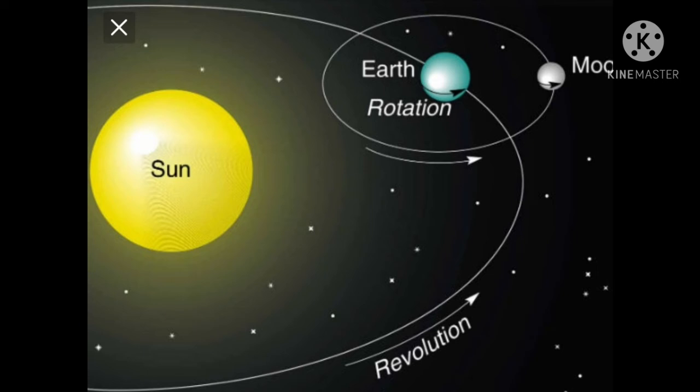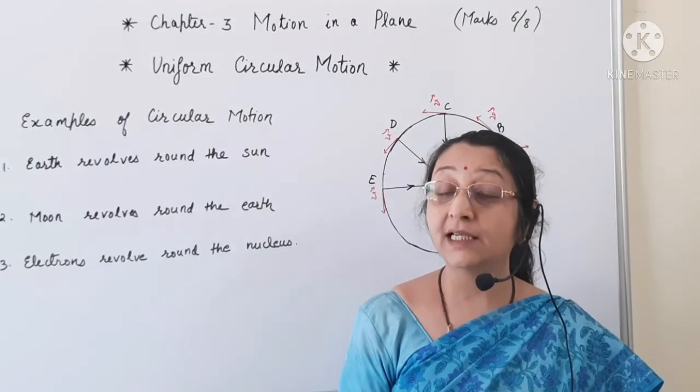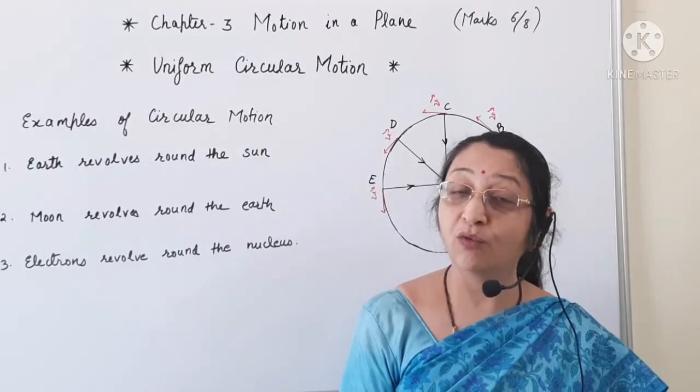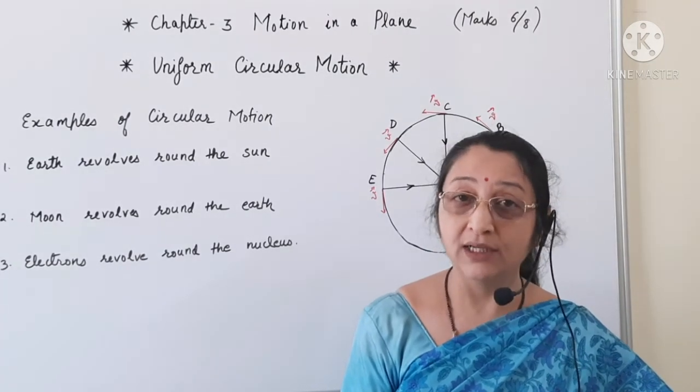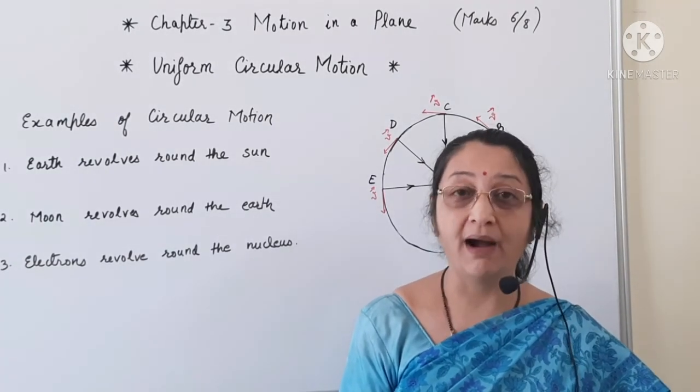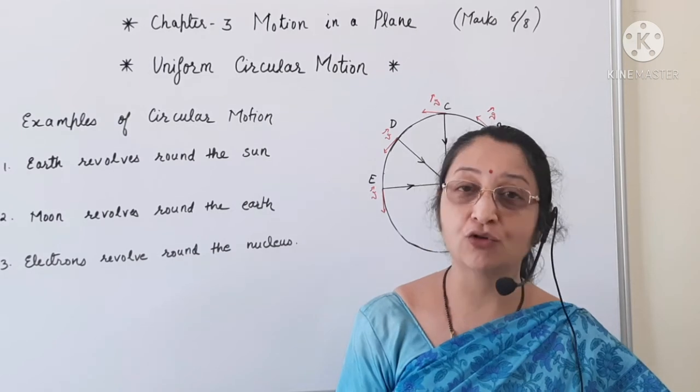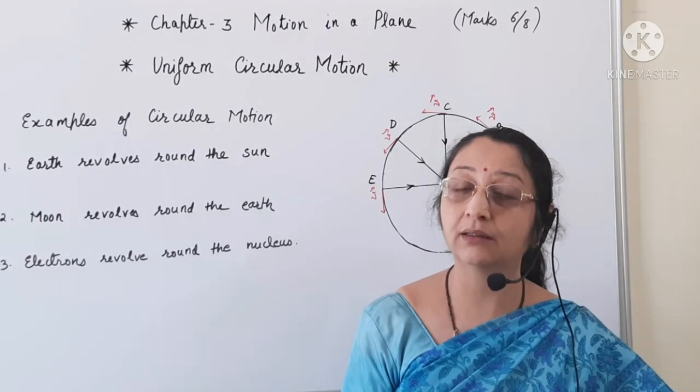Also, the moon is revolving around the earth, and the earth is rotating around itself. The necessary centripetal force required for the circular motion of the earth around the sun is supplied by the gravitational force of attraction between the earth and the sun.